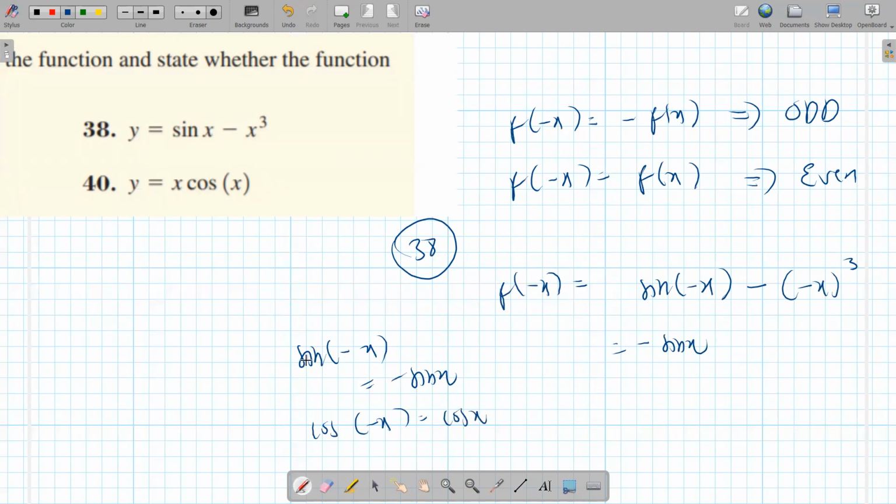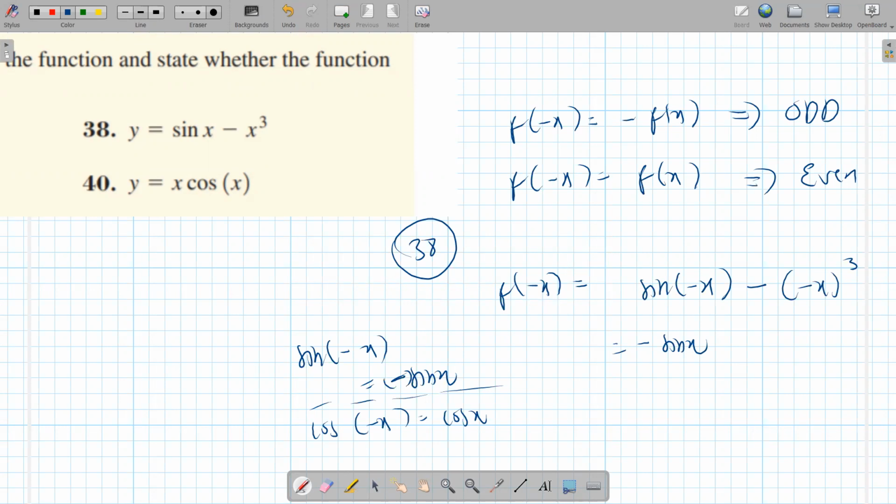When you put a negative inside the sine, it comes outside. When you put a negative inside the cos, it disappears. Here, I gotta write that down. Sine of negative x equals negative sine x, but cos of negative x equals cos x.